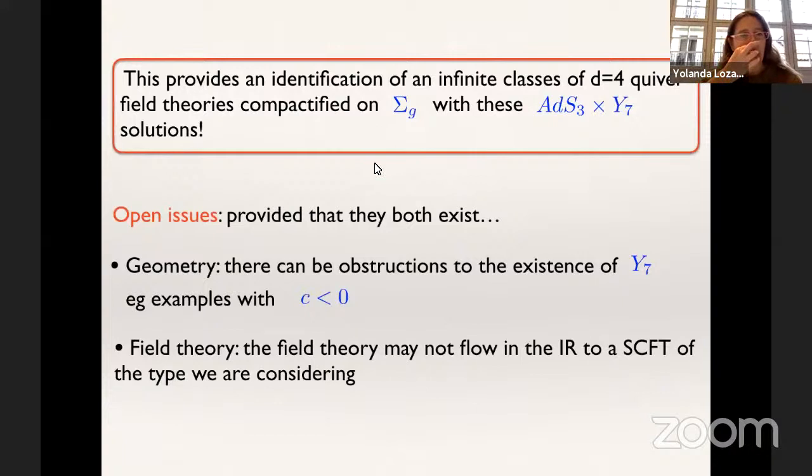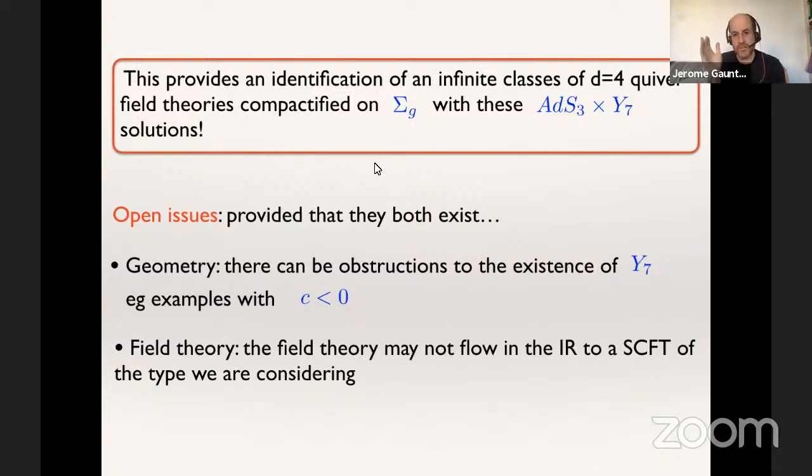Okay, so this is almost a complete dictionary between this infinite class of two-dimensional field theories and an infinite class of AdS3 cross Y7 geometries. Unfortunately, it's not a complete proof, because the geometric variational principle will give you the action for the on-shell geometry provided it exists.